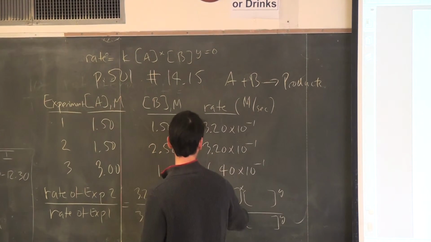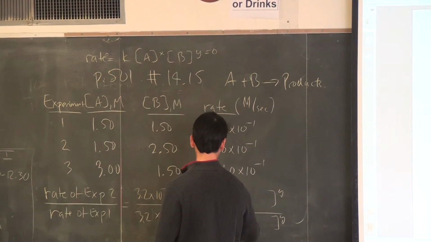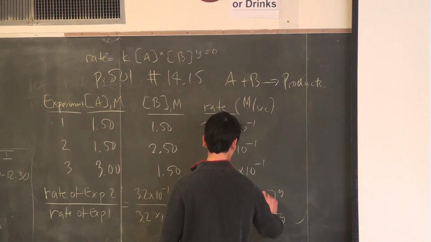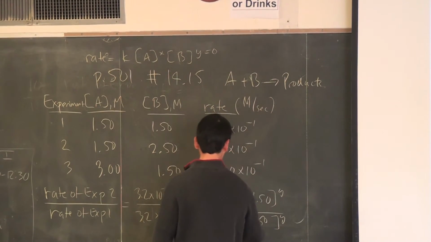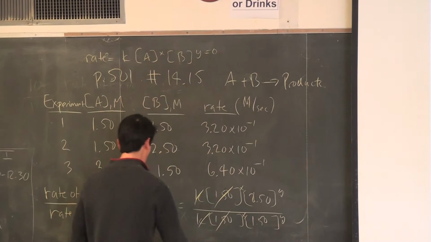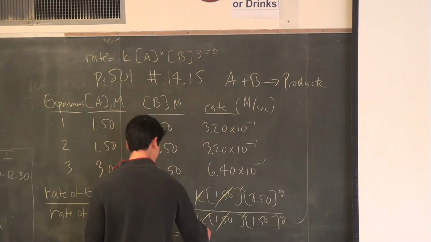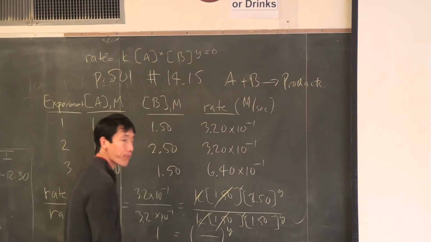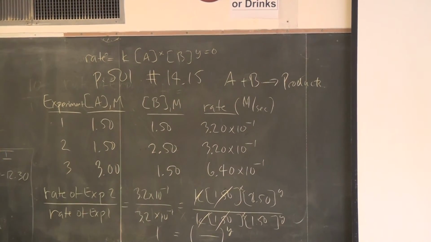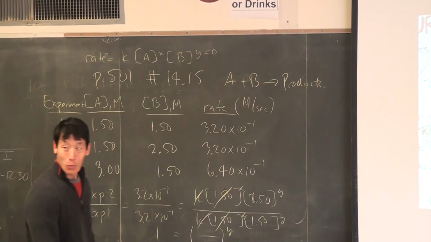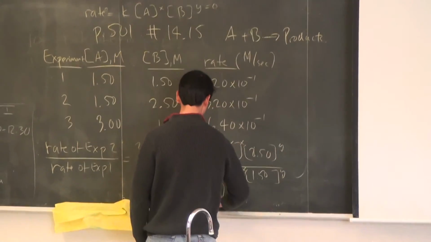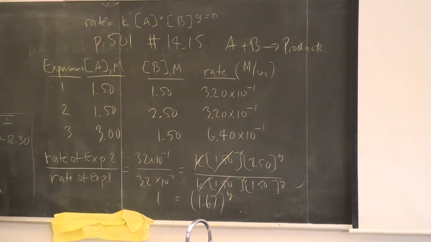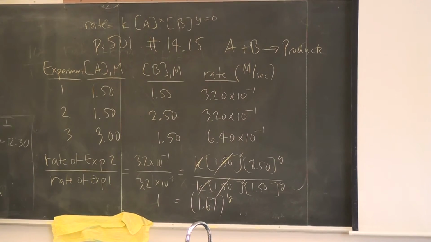As we plug in all our numbers, we can cancel out these things here. 2.5 divided by 1.5 is 1 2/3, 1.67. So we have 1 is equal to 1.67 to the Y power. Solving for Y, Y has to equal 0.